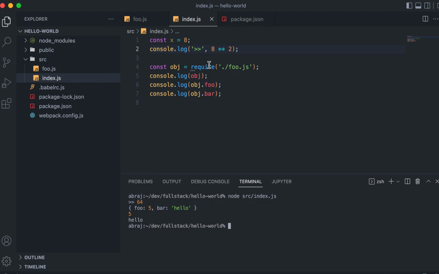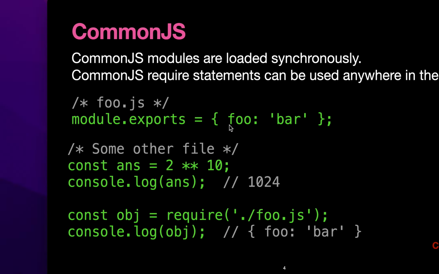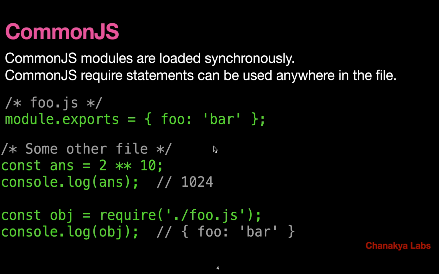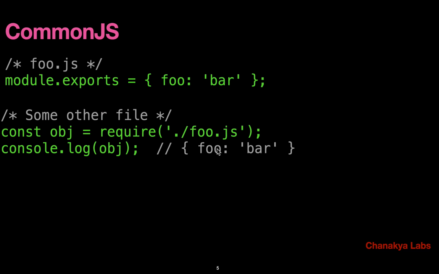This does not need to be at the top. This can be later down the line anywhere. Why am I emphasizing this point? Because this is not true for all module systems. For example, later we'll see that all the ES modules are considered to be always at the top. That is not the case here. Here it can be anywhere. In fact, as we'll see, it can.